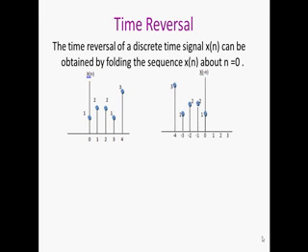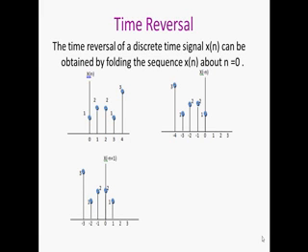So after folding the signal, the time range has been changed from 0 to 4 to minus 4 to 0. So this is time reversal of x of n, which is nothing but x of minus n.